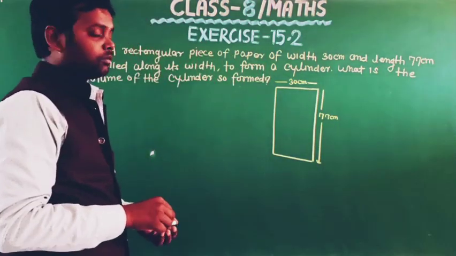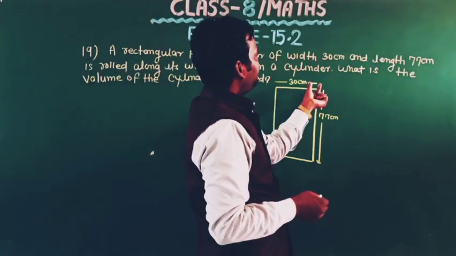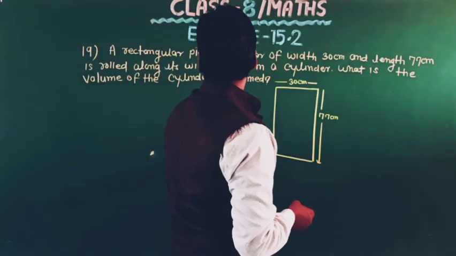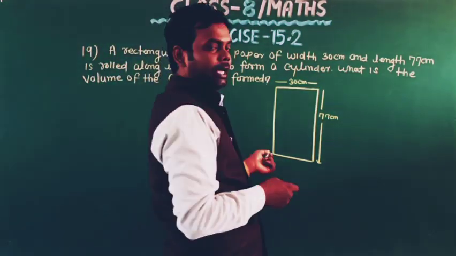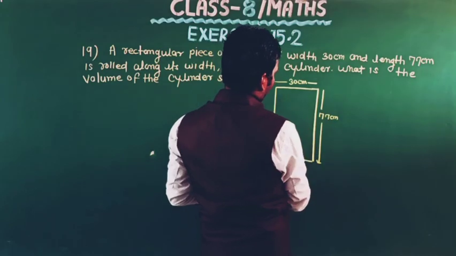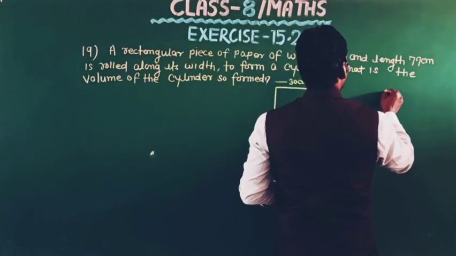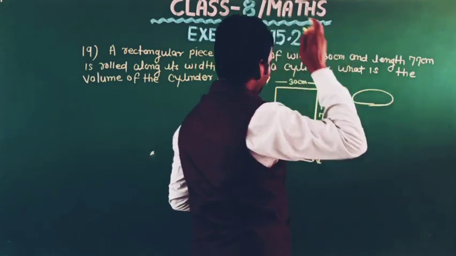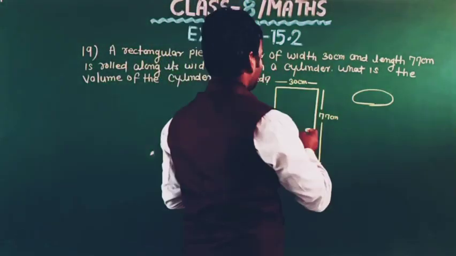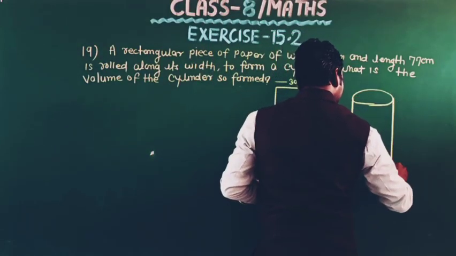The rectangular piece of paper is rolled along its width, so we have to roll it from its width to form a cylinder. After rolling this, we get a cylinder.